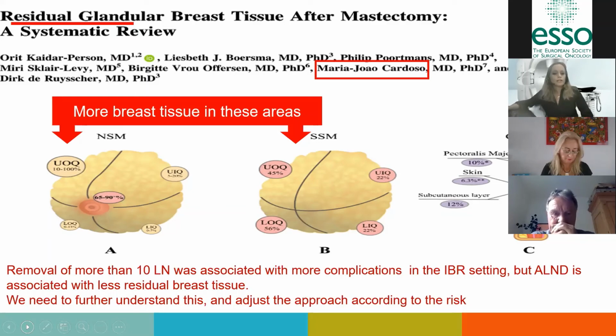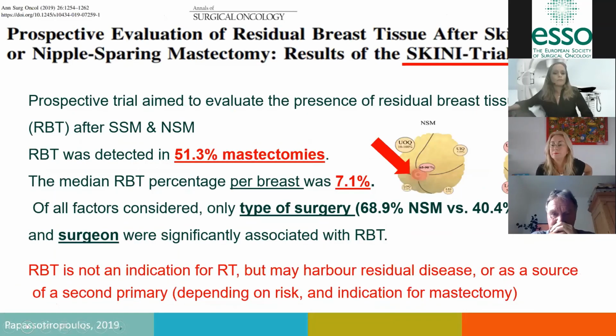And we also know that the extent of axillary surgery is probably also associated with residual breast tissue. The de-escalation of surgery probably resulted in more residual glandular tissue. And this is a great prospective trial, the SKINNY trial, where they prospectively evaluated the residual glandular tissue by biopsy of the mastectomy skin flap, and up to 50% of the mastectomies had residual breast tissue.